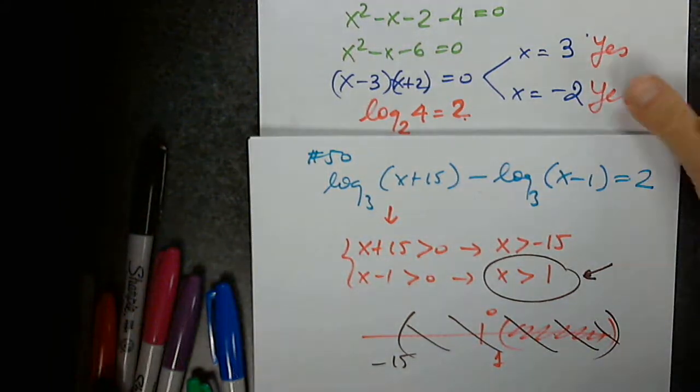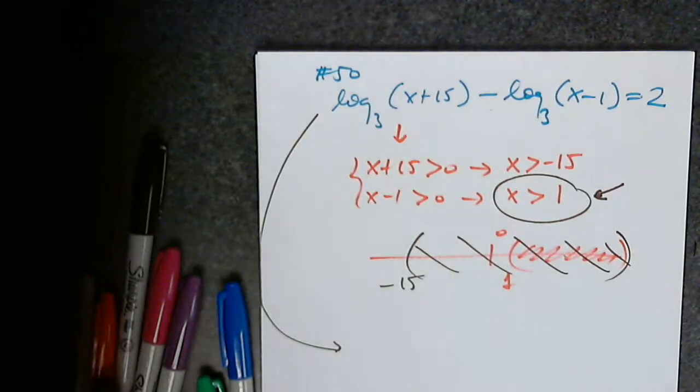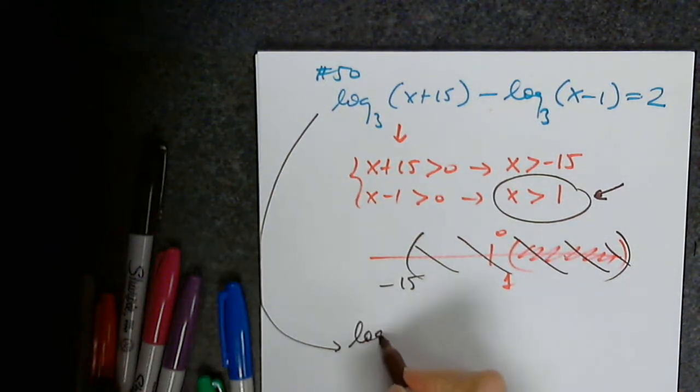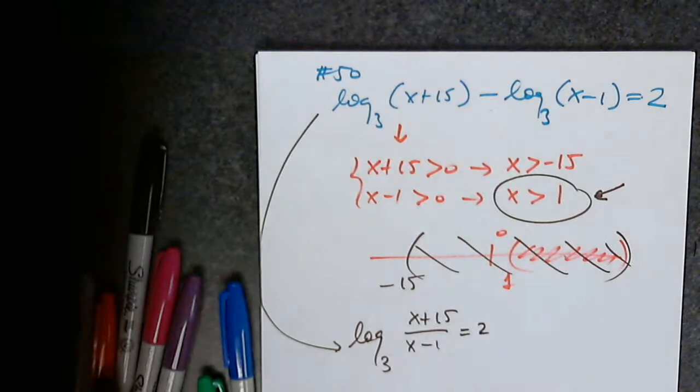Good. So now I go back to the original problem, and I want you to tell me what to do next. You say log base 3 of x plus 15 divided by x minus 1 equals 2. Awesome. That's why we studied condensing in the previous section. Exactly.